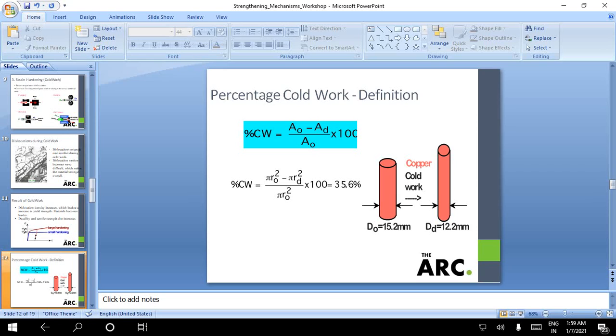After the cold working process, that is strain hardening, the cross sectional area changes because the diameter changes. Initially it was 15.2 mm, but after cold working it decreased to 12.2 mm. Taking these two values, we calculate the percentage of cold working, and we get 35.6% cold working.